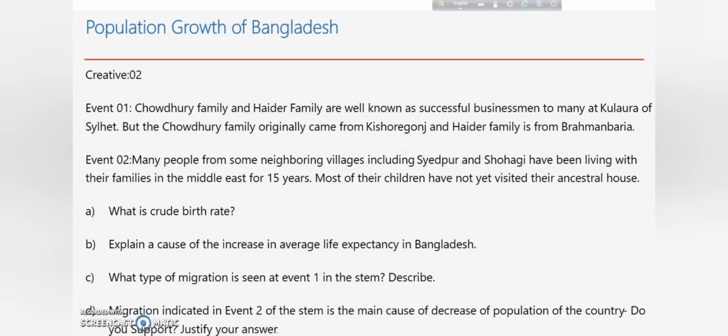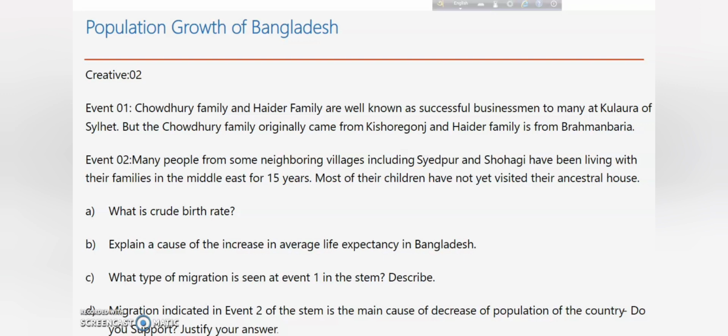In event 2, many people from some neighboring villages, including Saidpur and Suhagi, have been living with their families in the Middle East for 15 years. Most of their families and children have not yet visited their ancestral house. Now the question arises, what is the crude birth rate?